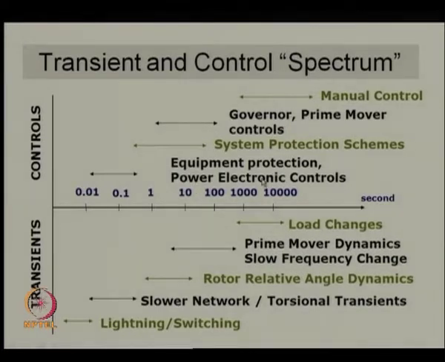Power electronic controls on the other hand are also very fast. For example, you are trying to control a rectifier in an HVDC station, which is a very fast moving system, and the controls associated with it are also fast. You are trying to control the firing of the electronic valves. So, basically you find that the control systems there also are fairly fast.